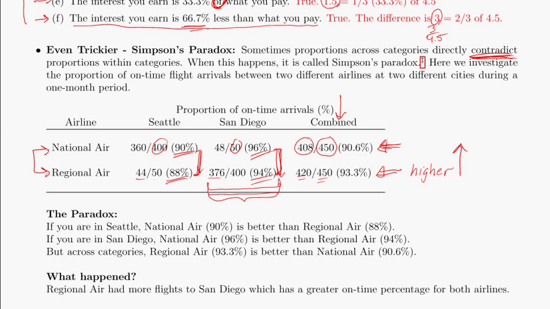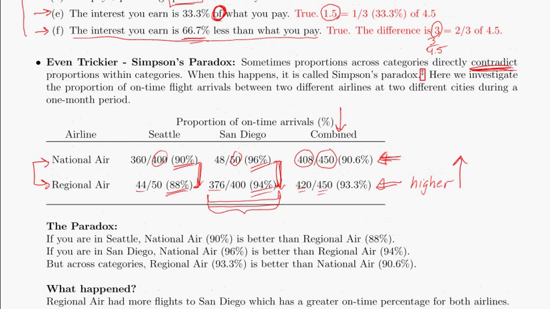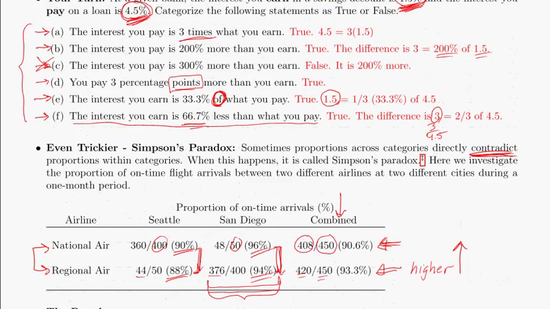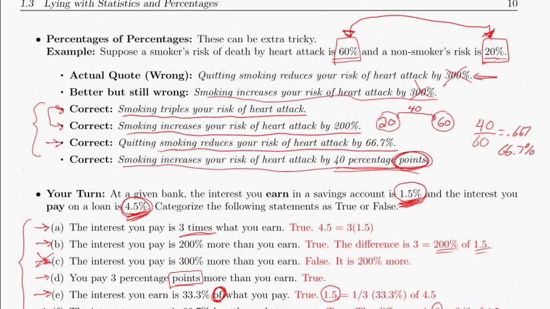But the trick is, percentages are worth paying attention to. They are not as immediately obvious as you might think, and especially when you're looking at percentages of percentages. That's when things get really tricky, and you just have to be very careful about what is the original value that you're using as the baseline.